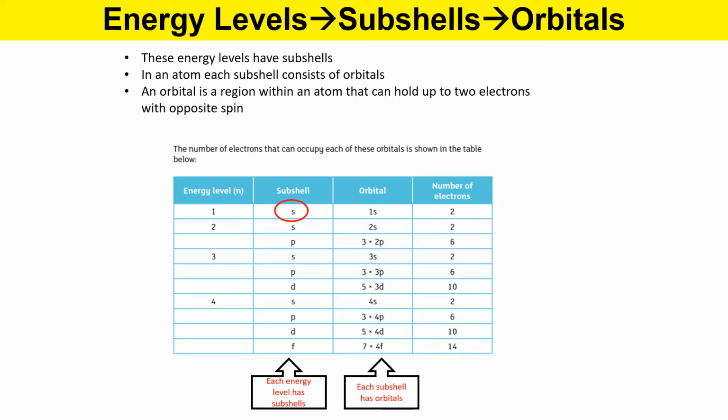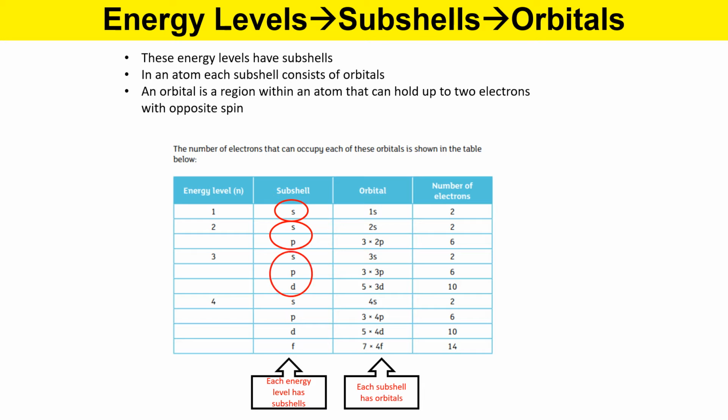If we look at the first energy level, it has one subshell and it is made up of one s orbital, and an orbital holds 2 electrons. If we look at the second energy level, we have an s subshell and we now also have a p subshell, and a p subshell is made up of 3 p orbitals.